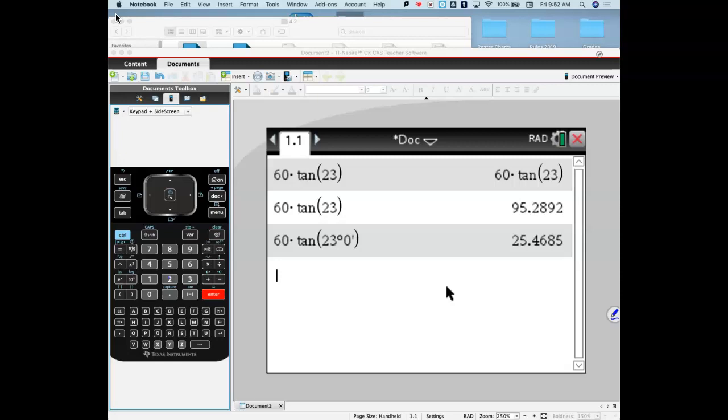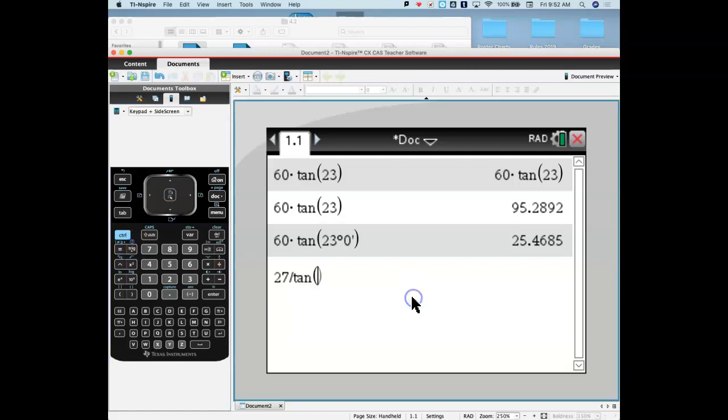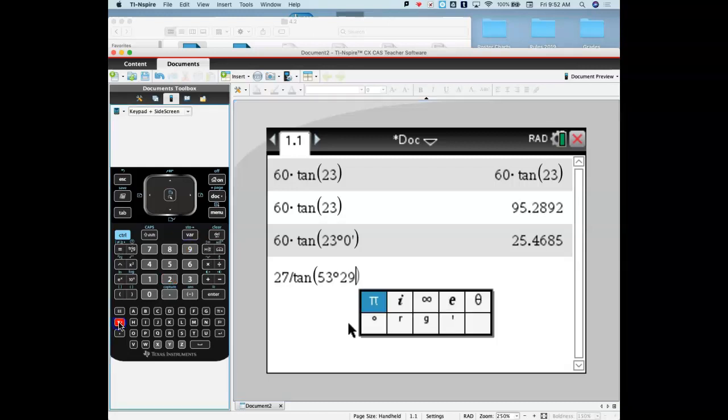So if I wanted to do 27 divided by the tangent of 53 degrees, 29 minutes, then minutes is this one right here.